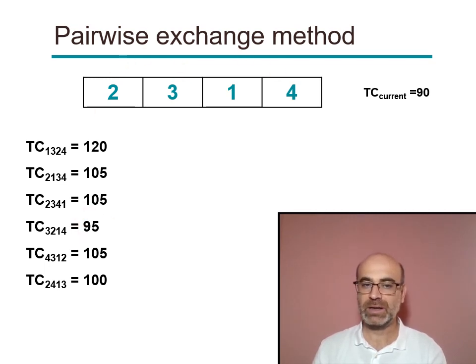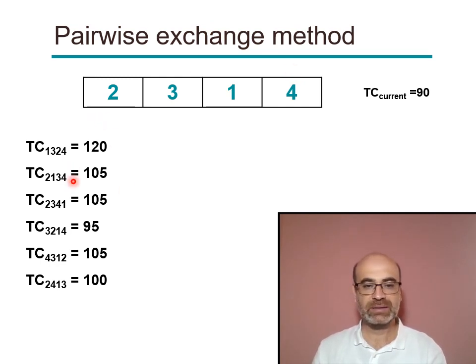2 and 4. We are not considering 2 and 1 again because we already considered it while exchanging 1 and 2. If you exchange 2 and 1, you will obtain exactly the same one. Okay, so that's why we consider 1 and 2, 1 and 3, 1 and 4, 2 and 3, 2 and 4, and 3 and 4.